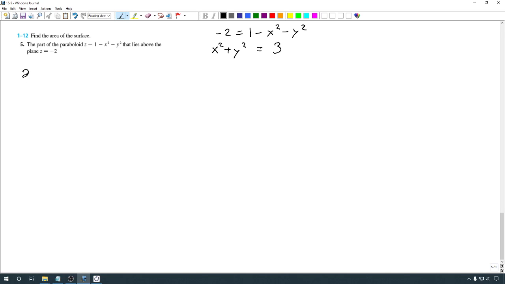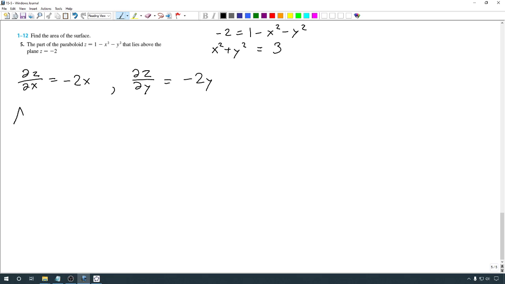Well, we need to go ahead and find the derivatives of this function with respect to both x and y. The derivative with respect to x is -2x. The derivative with respect to y is -2y.